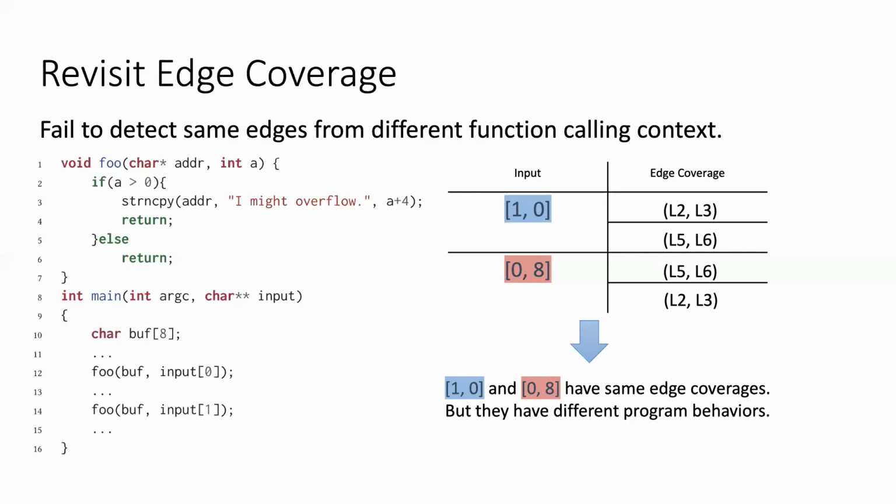Now, if you take a closer look at line 14, one input is 0, 8, like this. Note that the input is 0, 8 and the second byte is 8. So we go to line 2. And right now A is 8. So we go to line 3.